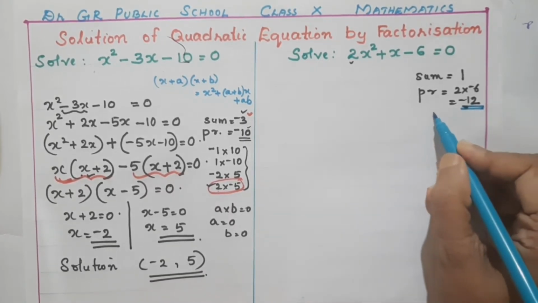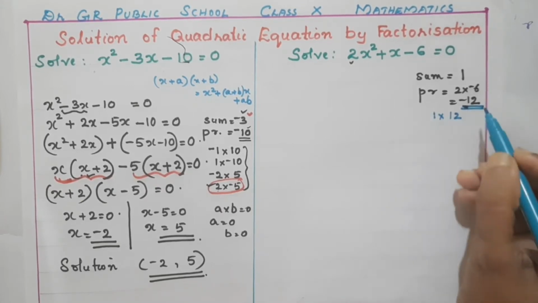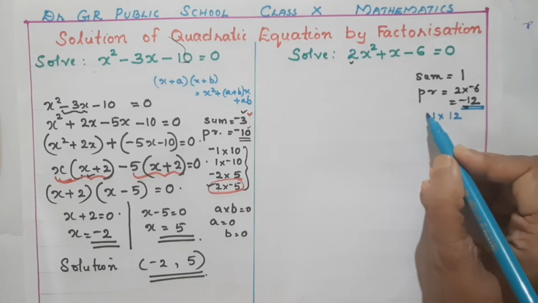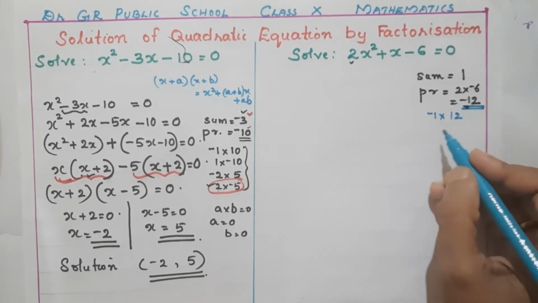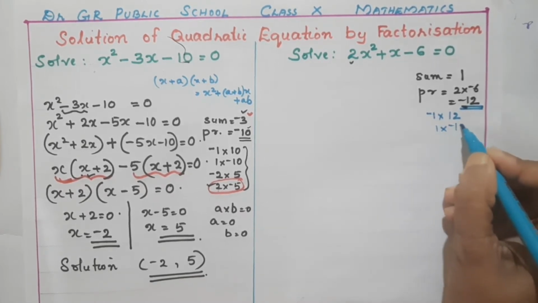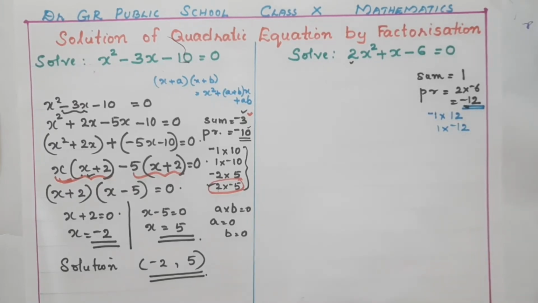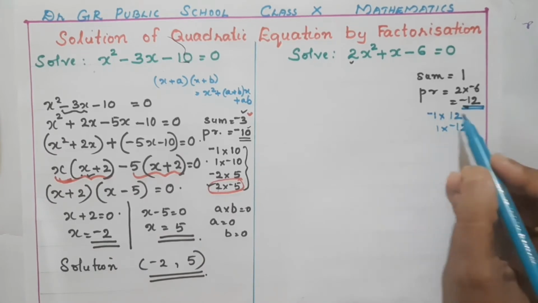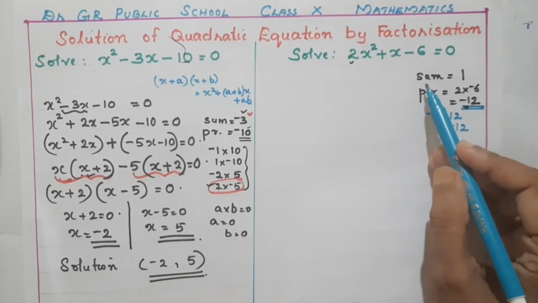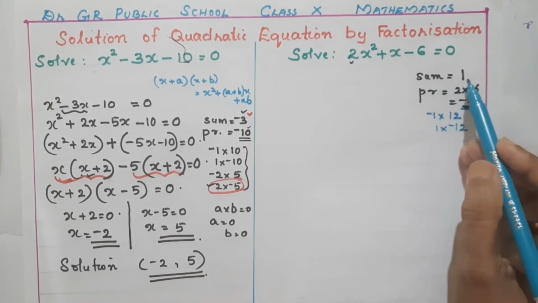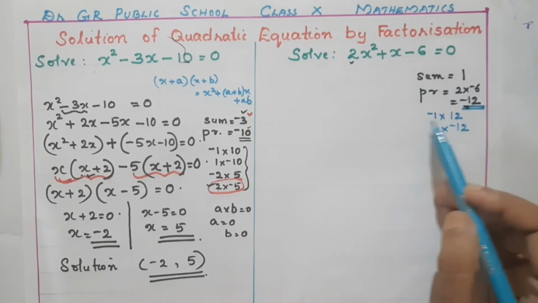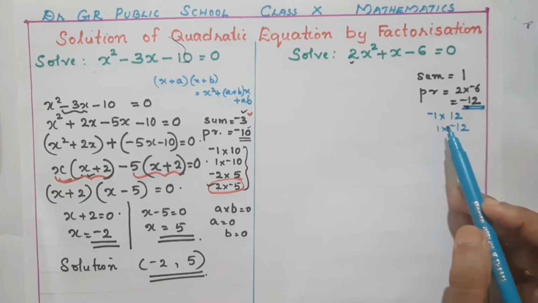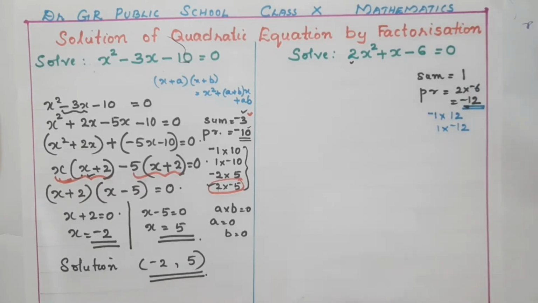So, 1 into 12 is 12, but one should be negative. So we can consider minus 1 into 12 is minus 12, or 1 into minus 12 is also minus 12. So if we are considering these pairs, will we get the sum as 1? Is there any chance? If you are adding or subtracting, we will never get 1 as the answer, isn't it? We will not get the sum as 1.